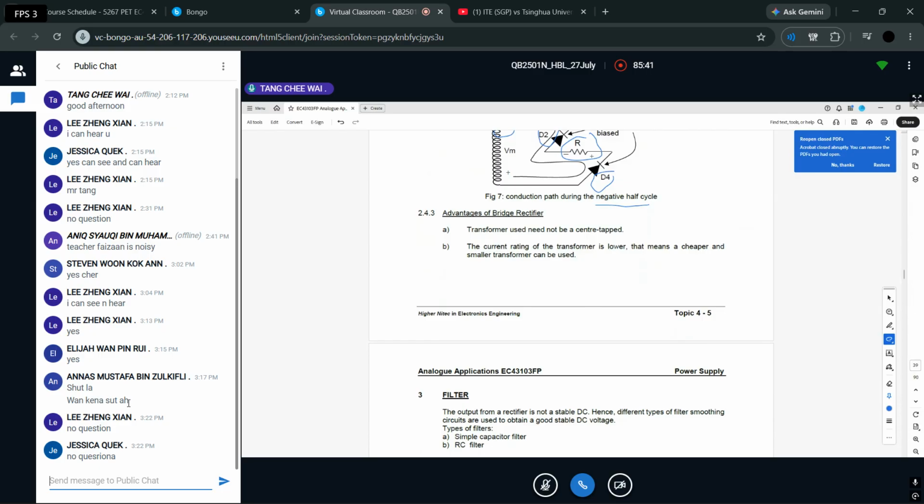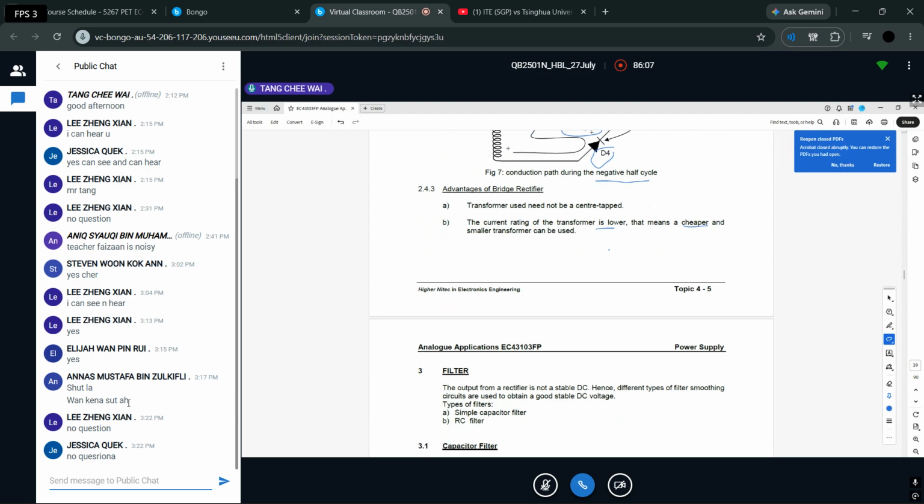Now, of course, current rating is lower because diode is a very low current component. Of course, if you are using components like diodes, the cost will go down or be cheaper, because I don't need such a huge transformer anymore. So these are advantages of a bridge rectifier. Good. We have settled that already.